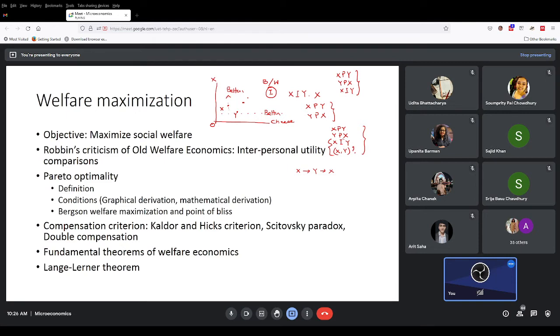Then see, the main problem we are trying to address over here is how to maximize social welfare and what are the means of doing so. Here, in case of the fundamental theorems, you have 2 theorems. Theorem 1 states that, look, you have people who are extremely selfish. They are concerned with only their own utility and they are prepared to fight for it.